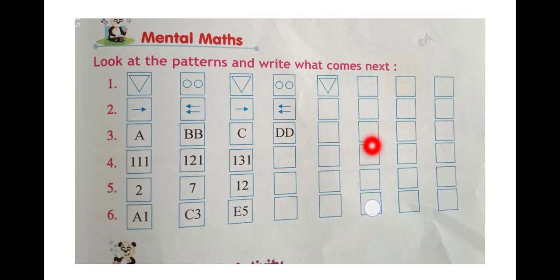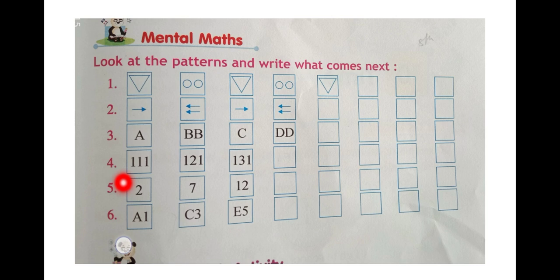F. But it should be repeated. That means you have to write two times F. Okay. Then the next will be G. Only once you will write G. Then the next will be two times you will write what? H. Alright, children?